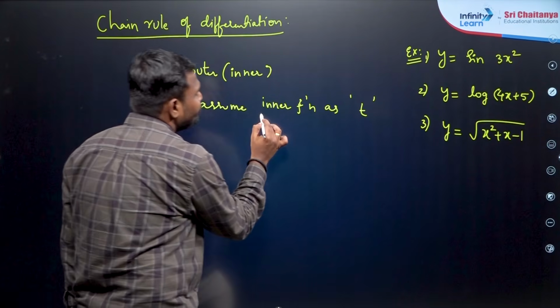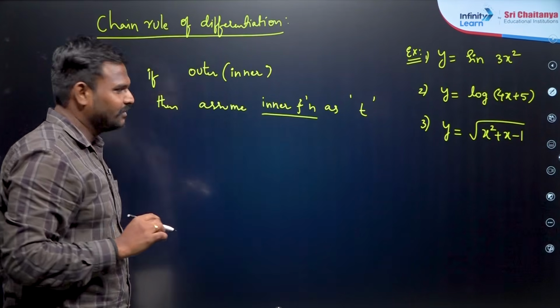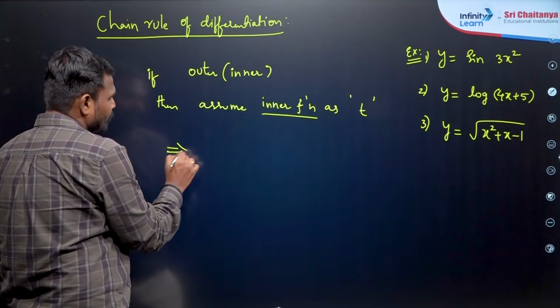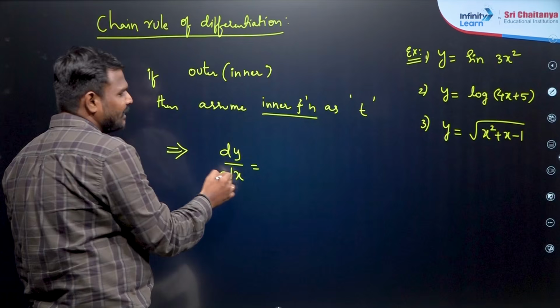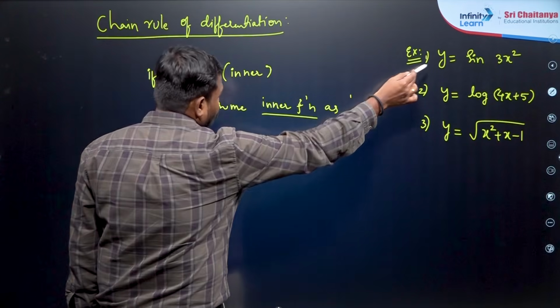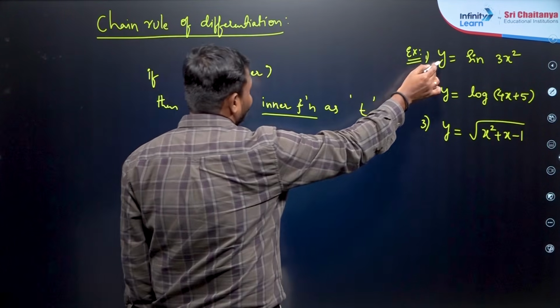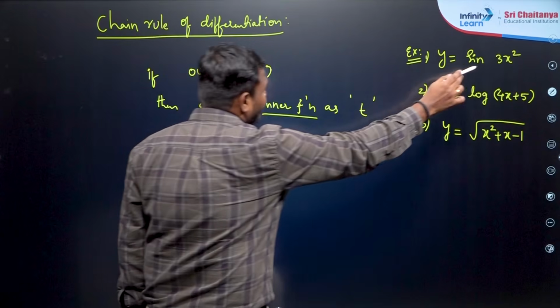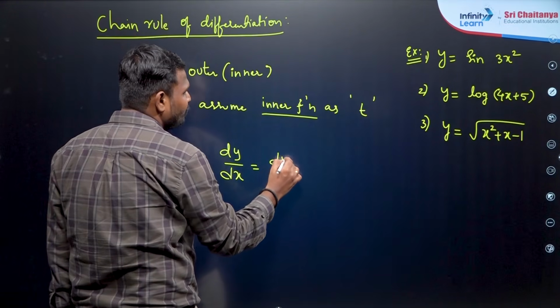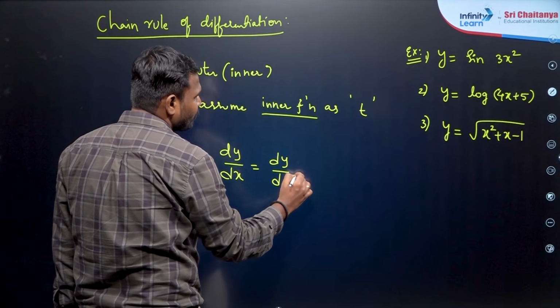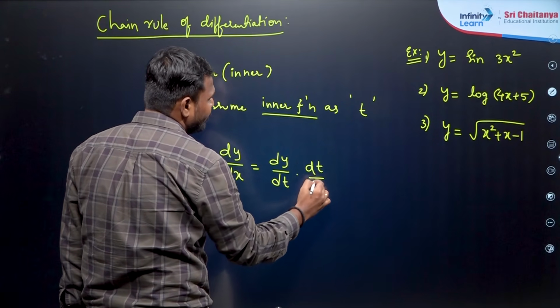Whom we have to assume? The inner function. So then dy by dx, that is the derivative of the function of this question, dependent variable y and independent variable x, can be written as dy by dt into dt by dx.